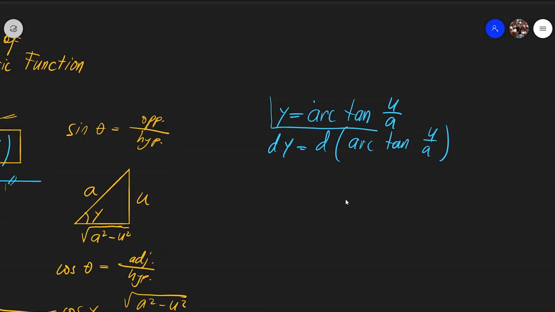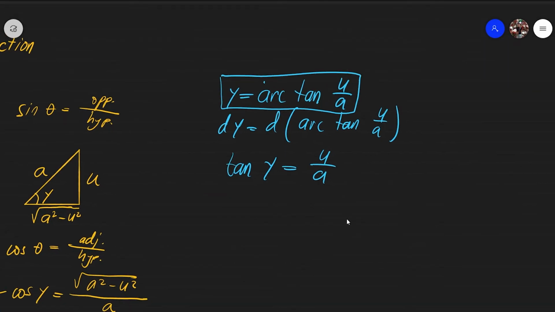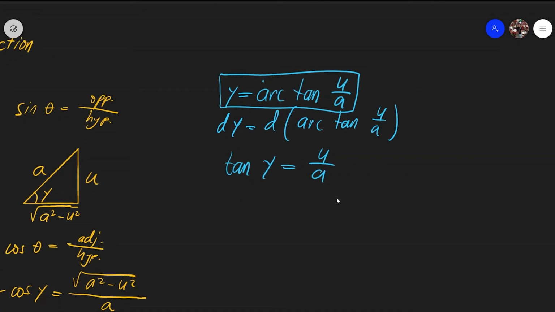From the original given function, you can write that as tangent of y is actually equal to u over a. Now, this is your working equation. So if you differentiate both sides of the equation, you will get d of tangent y is equal to the differential of u over a.